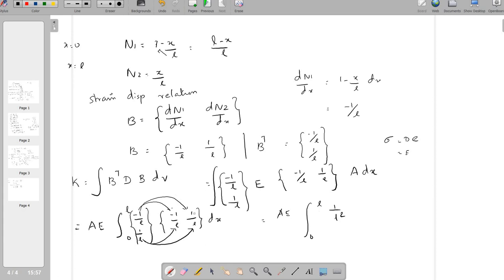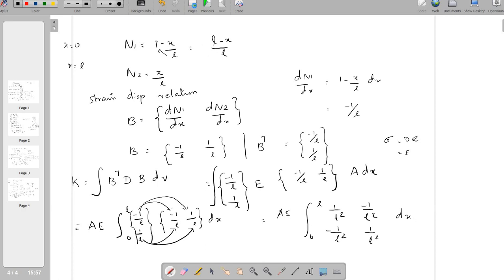Minus 1 by L into 1 by L is minus 1 by L square. 1 by L into minus 1 by L is minus 1 by L square. 1 by L into 1 by L is plus 1 by L square, dx.